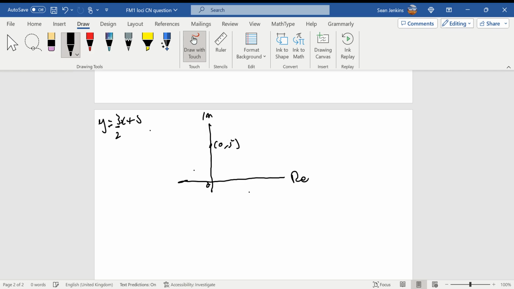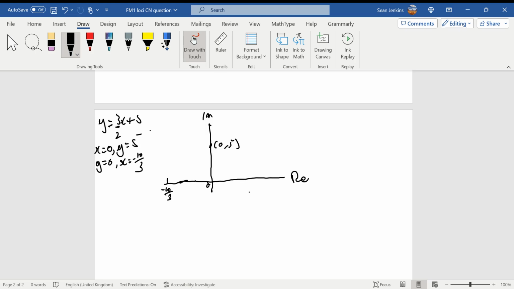And here's our origin. And when y is 0, x will be minus 10 over 3. So when x equals 0, y is equal to 5, and when y is equal to 0, x is equal to minus 10 over 3.